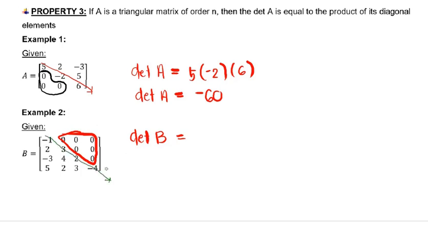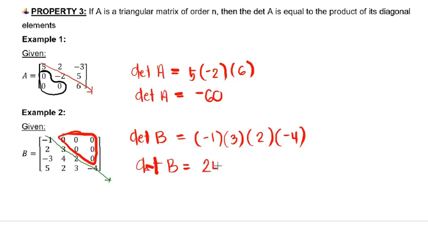So, determinant of B is equal to negative 1 times 3 times 2 times negative 4, that is 24. So, if you use property 1, the answer should be the same.